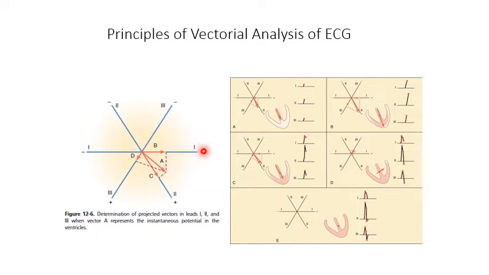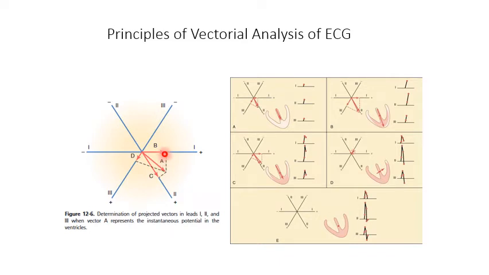But we need to know how each lead sees that vector. Each lead will see that vector in a different way. How can we determine that? We can determine that by drawing a perpendicular line to the lead from the arrowhead of the instantaneous cardiac vector.